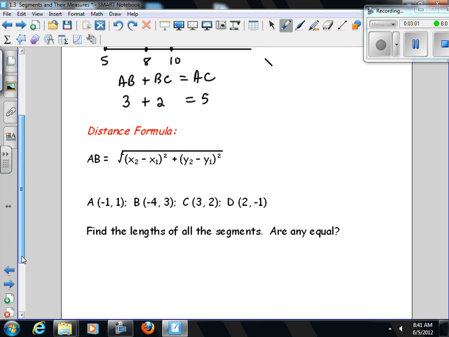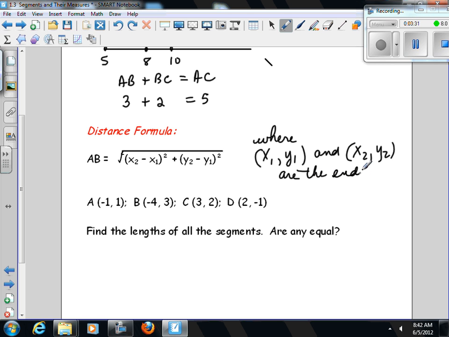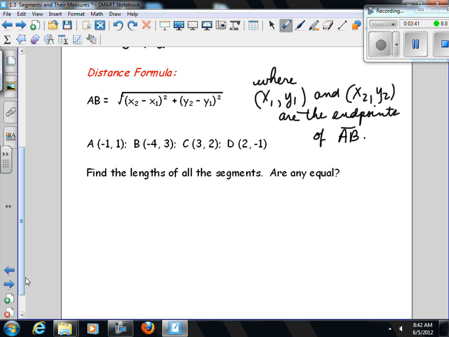It says if you want to know the length of AB, or length of any segment really, it's equal to the square root of x2 minus x1 squared, plus y2 minus y1 squared, where x1, y1 and x2, y2 are the endpoints of segment AB.